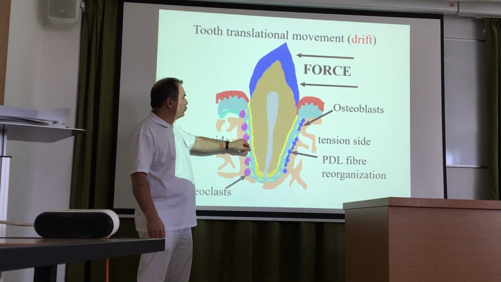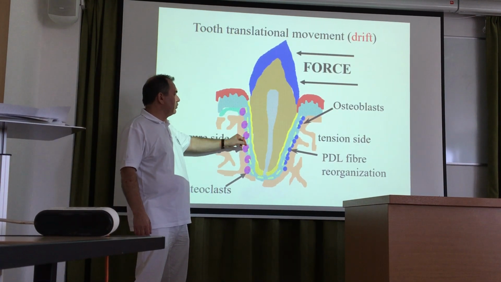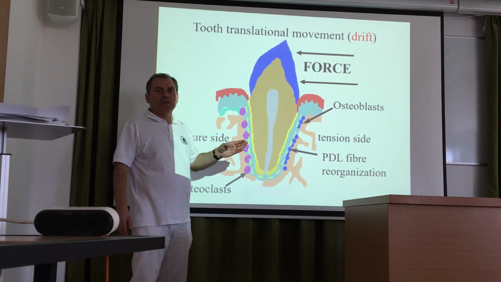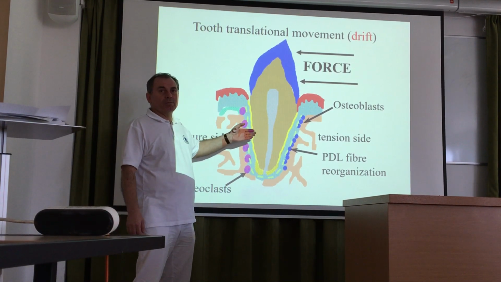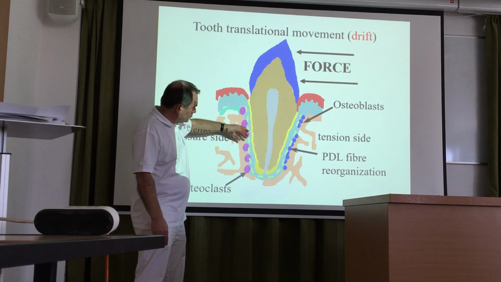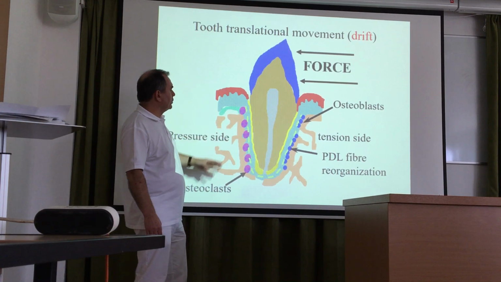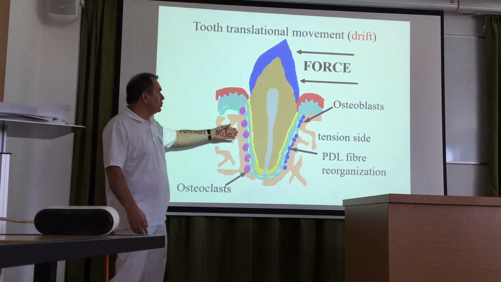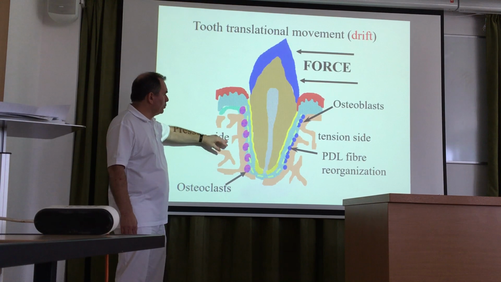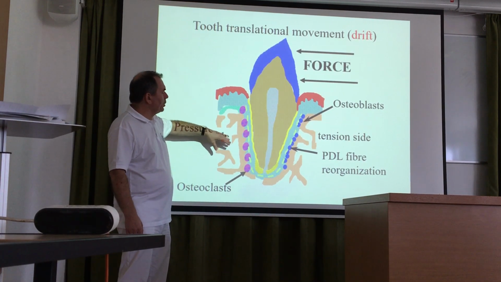The frontal side of the lamina dura is that surface of the lamina dura which is facing the cementum, the root surface. And when the force is too heavy, the osteoclasts will migrate, but not to the frontal side of the lamina dura.